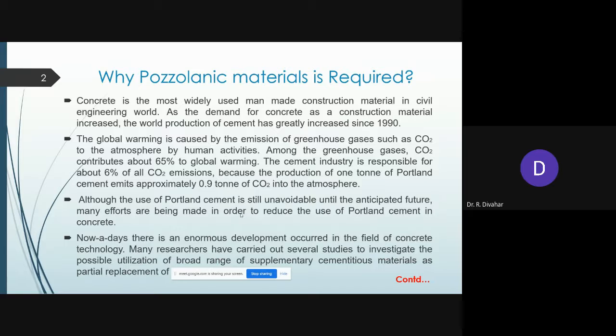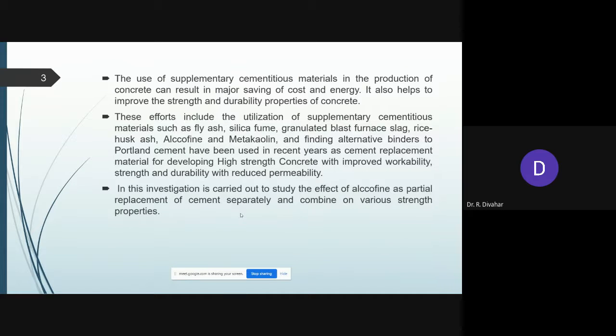Nowadays, we have developed so many materials. As researchers, we have started several research investigations on the replacement of cement with supplementary cementitious materials. The use of supplementary cementitious materials in the production of concrete can result in major savings of cost and energy. It also helps to improve the strength and durability properties of concrete.